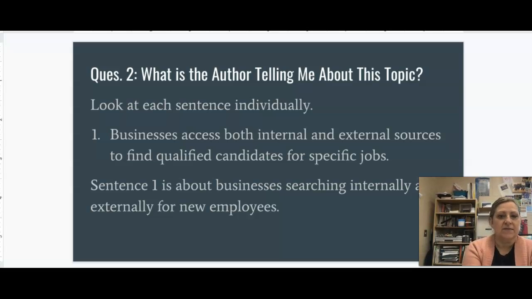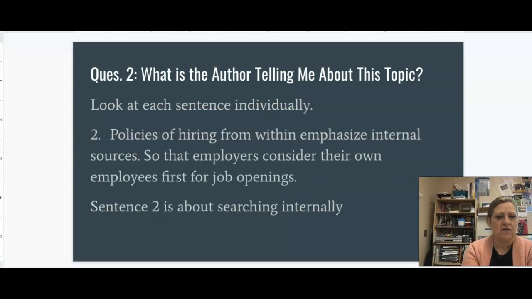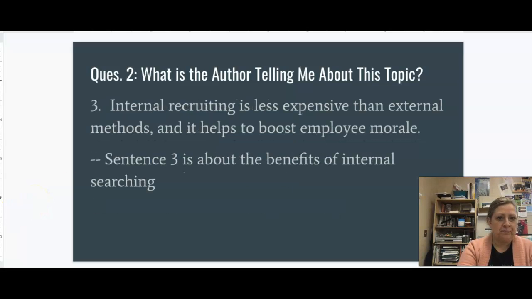So sentence one is about businesses searching internally and externally for new employees.